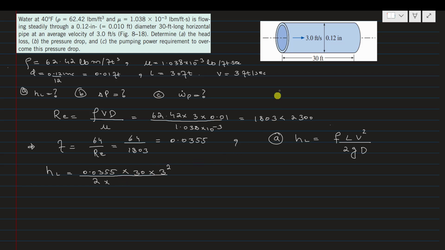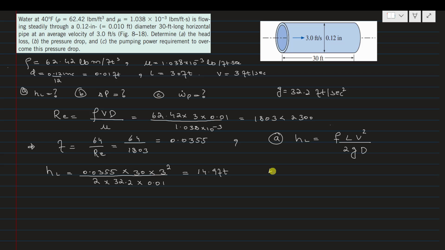The g value in foot per second square is equal to 32.2 foot per second square, and it is constant. That must be remembered when you are solving problems in the exams. So here I can write g as 32.2 multiplied by diameter, 0.01. After solving this, you will get the head loss, that is 14.9 foot almost.